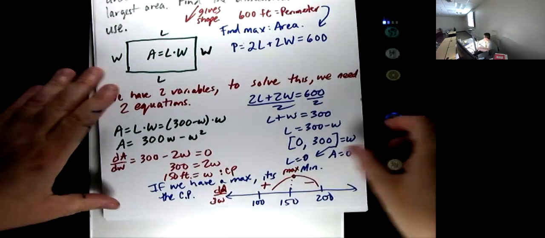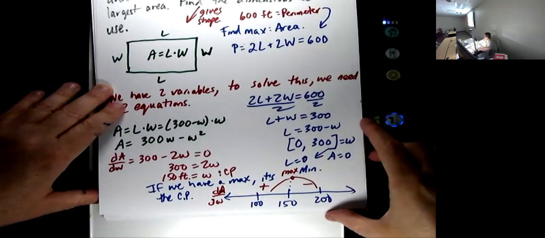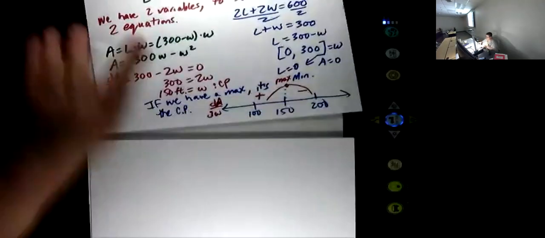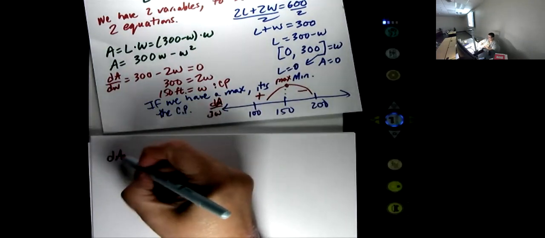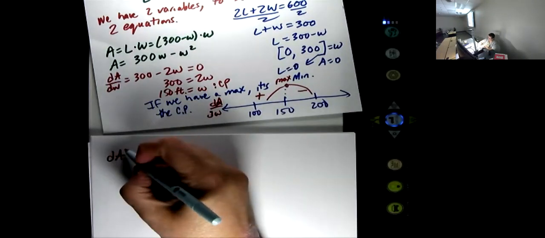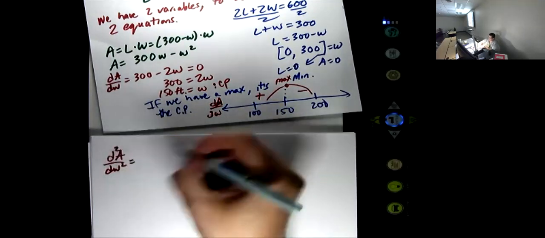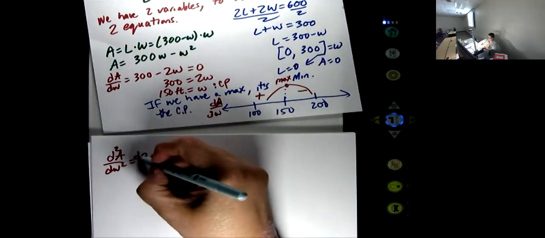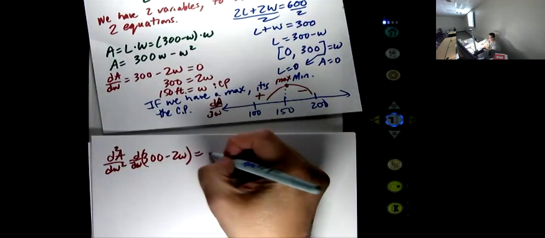We can verify it's actually included, that it's not a does-not-exist point, by the second derivative. d squared A over dW squared is the derivative of 300 minus 2W, which is just negative 2.